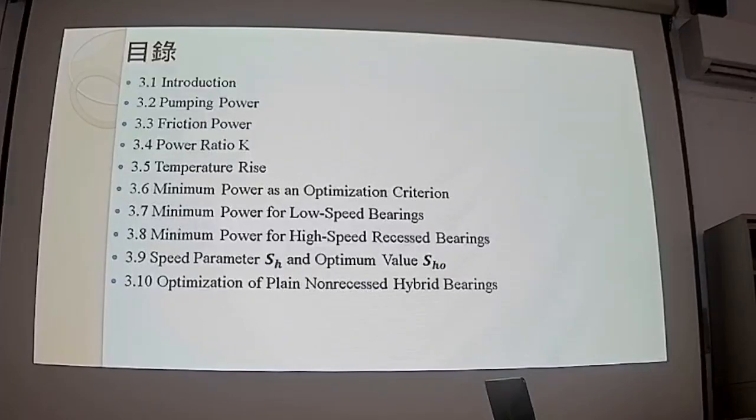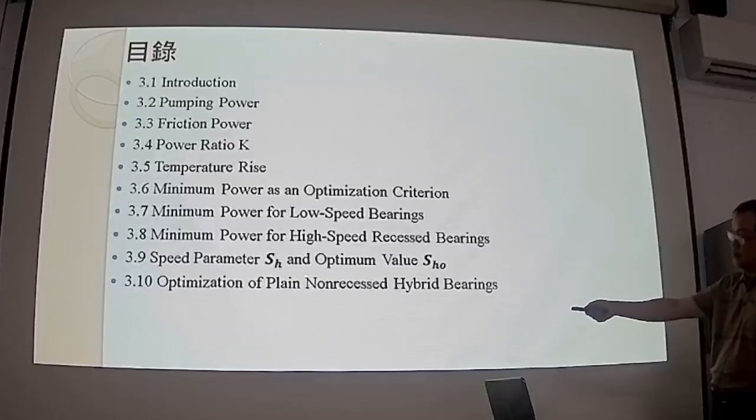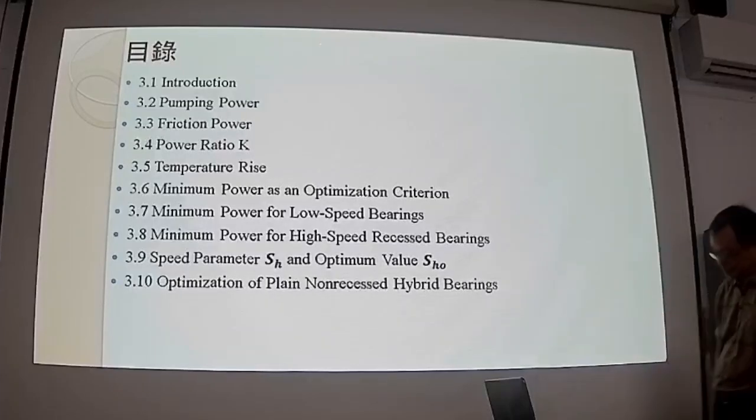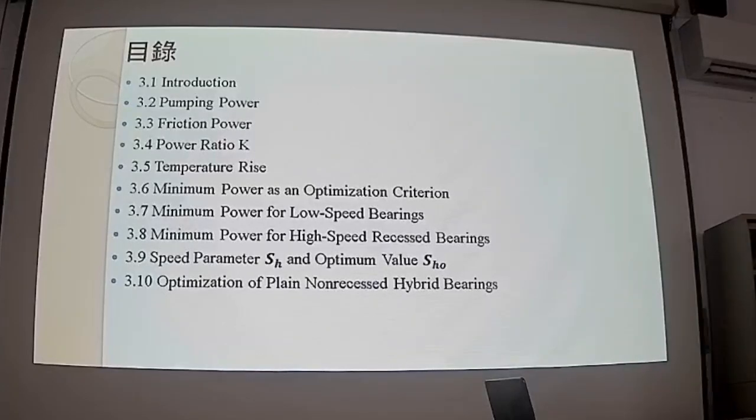As we discussed in the first chapter, for the journal bearing, we have recessed variant and non-recessed plain variant. 有腔式的轴承跟无腔式。Plain 就是平的，没有腔式。Usually the non-recessed plain variant is for the air variant.